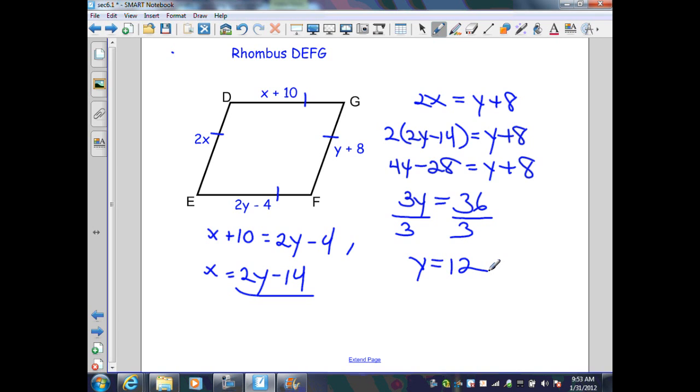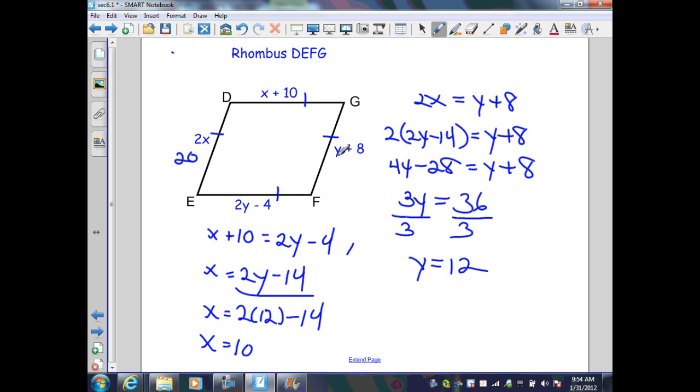Now I can substitute back into this equation the value of y, which is 12. So x equals 2 times 12 minus 14. Therefore, x equals 24 minus 14. So x is 10. When I substitute, I'm going to get 10 times 2, which is going to give me 20.